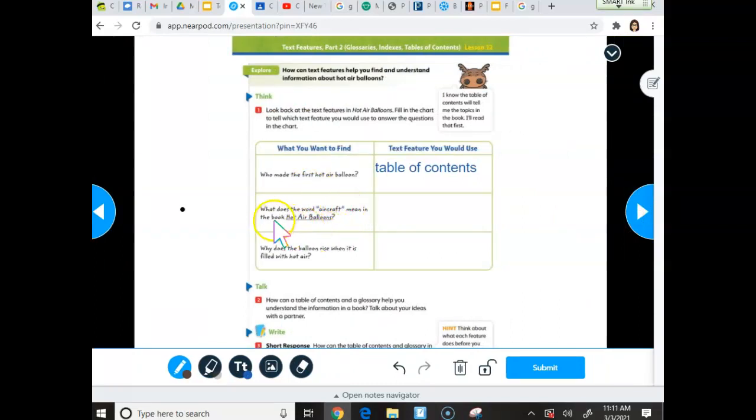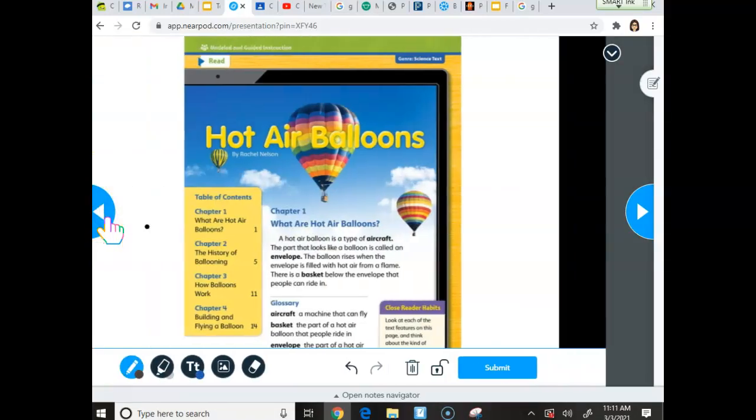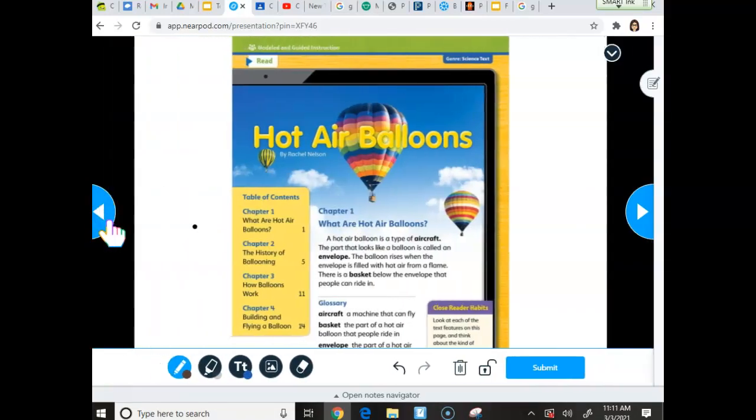The next one says, what does the word aircraft mean in the book Hot Air Balloons? Guys, where would we look to find the meaning of the word aircraft? All right, can we look over here?